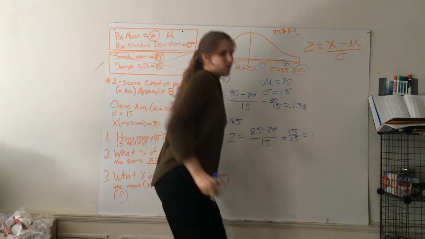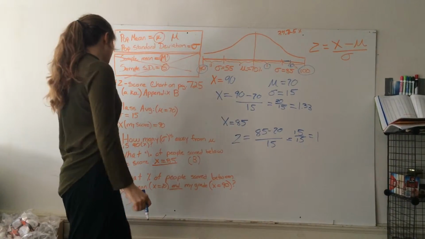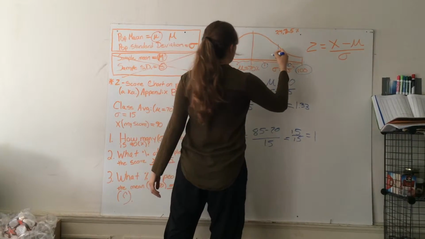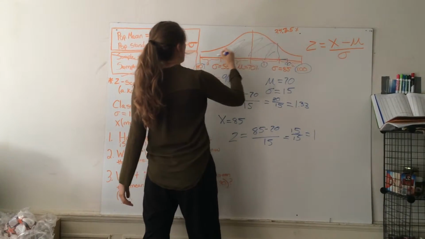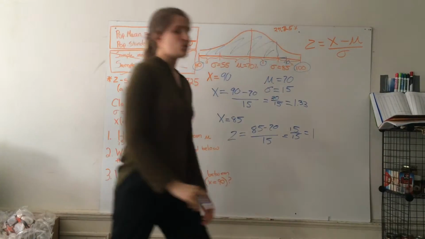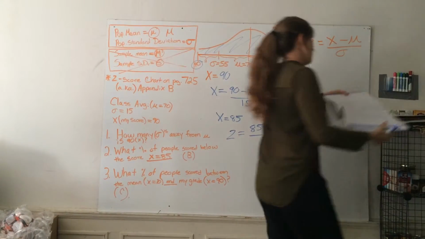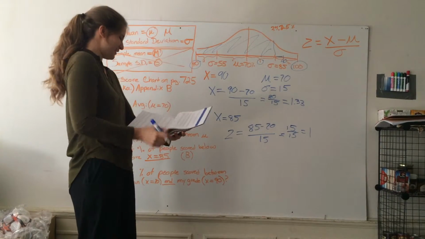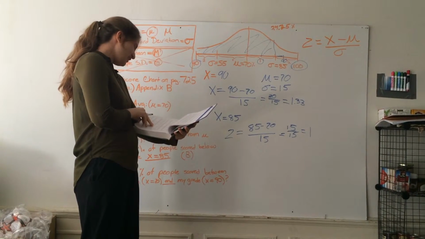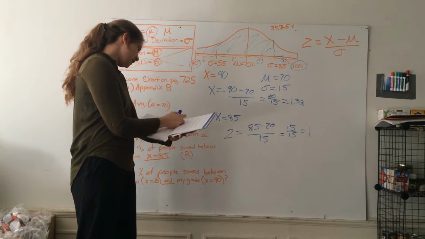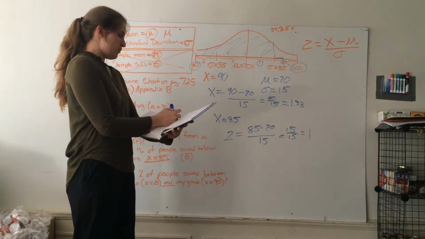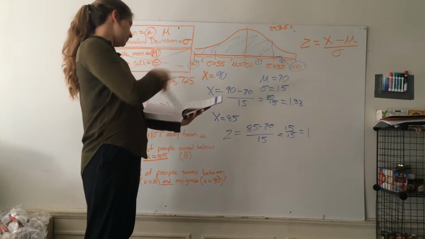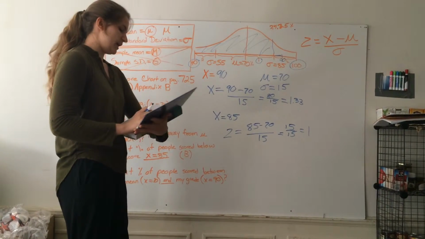It's one standard deviation away from the mean, but since we're trying to figure out how many people scored below 85, we're literally trying to figure out how many people scored through all of this. So we have to go to our table and find 1 in the z-score. I'm just gonna show you right here. And 1 is right over here, and since we're trying to find a proportion in the tail, that would be proportion of the body.